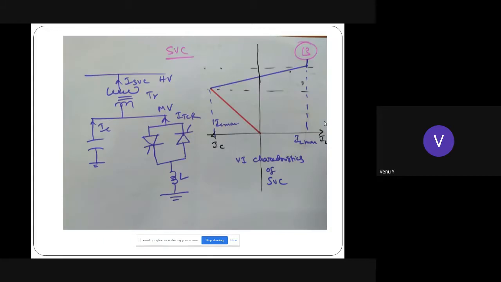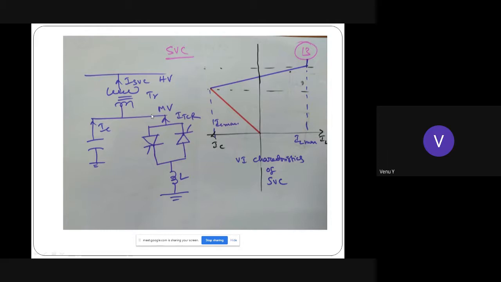All right, now let us focus on the SVC. One of the devices is the FC-TCR type device, in which this is the high voltage line to which a coupling transformer is connected between the SVC and the high voltage line. Here it is the medium voltage.